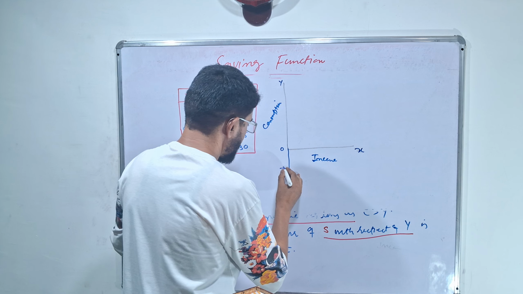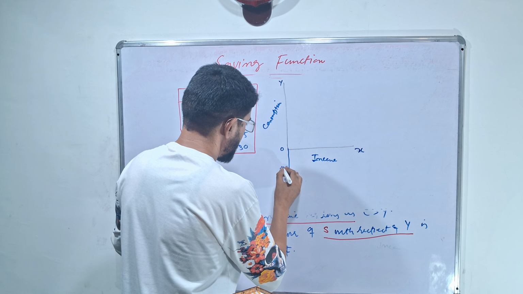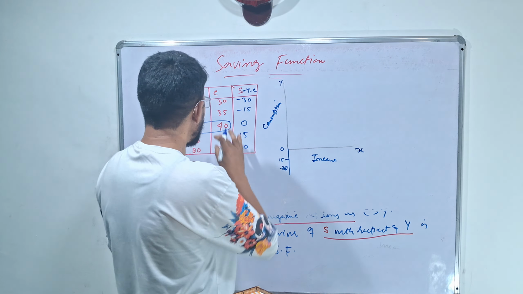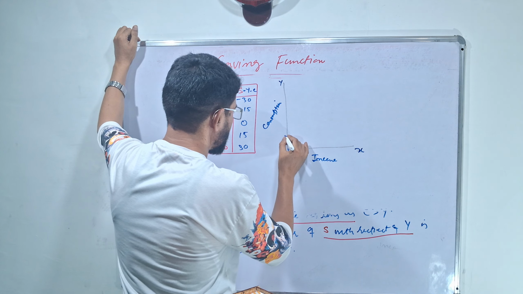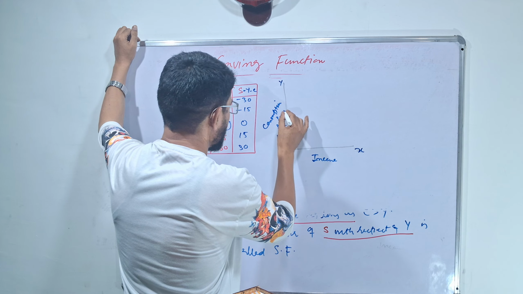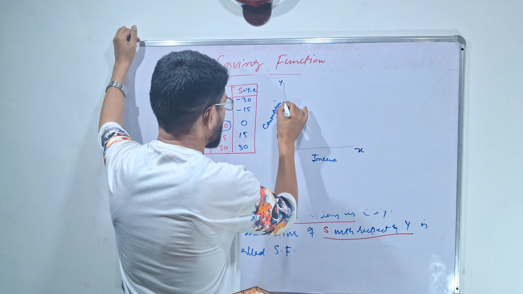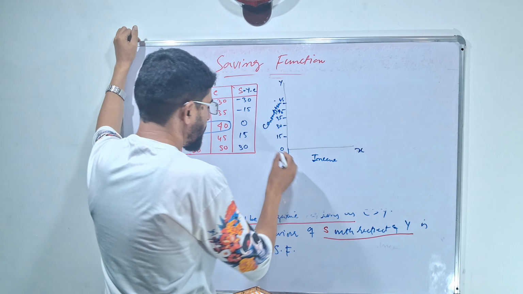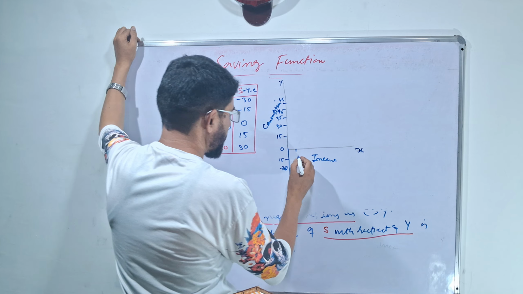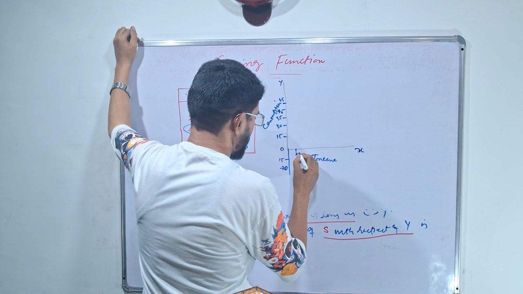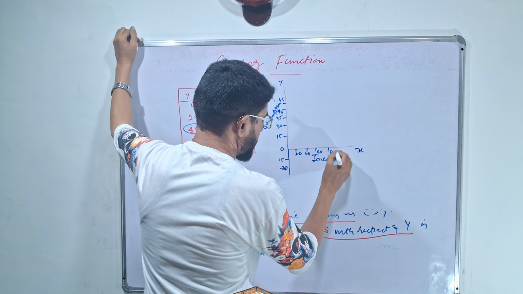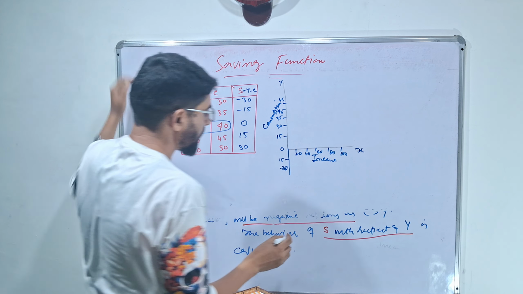Here I will write minus 15, minus 30, and similarly 0, 15, 30, then 35, 40, 45. Here is 100. Here will be income: 20, 40, 60, 80, 100.